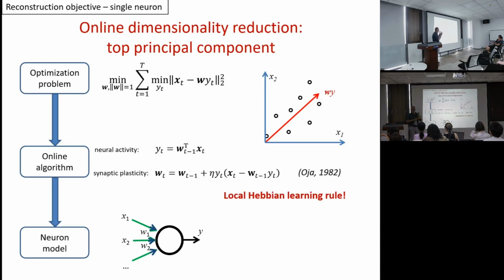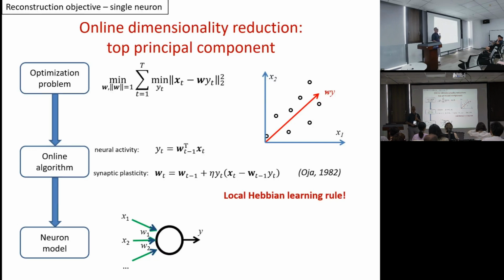Yes, thank you. I'm guessing my next slide. Of course, the reason we're sticking with this rule is because there is experimental data that supports that synaptic weight is proportional to the correlation between the pre and postsynaptic activity, which is what this main term is.